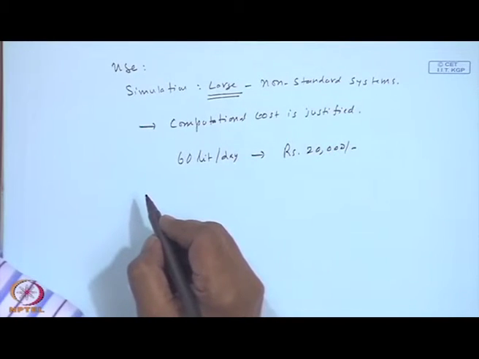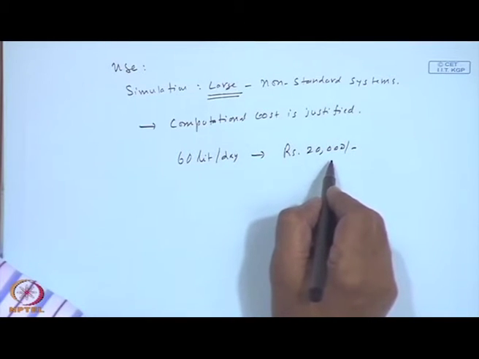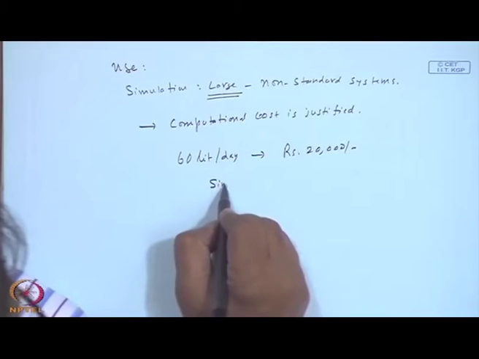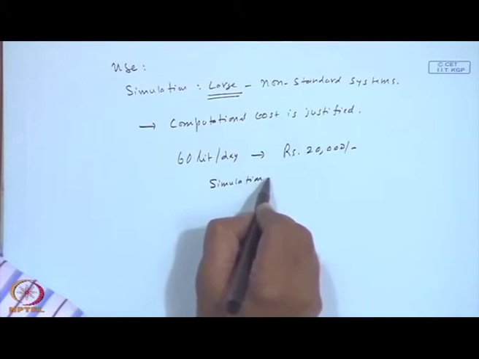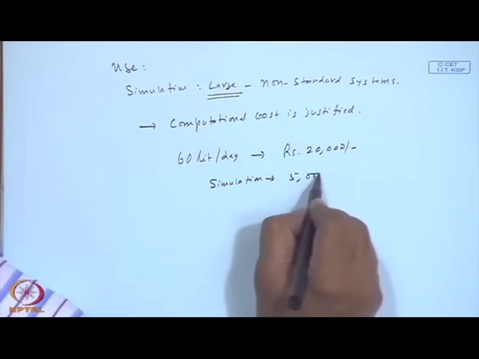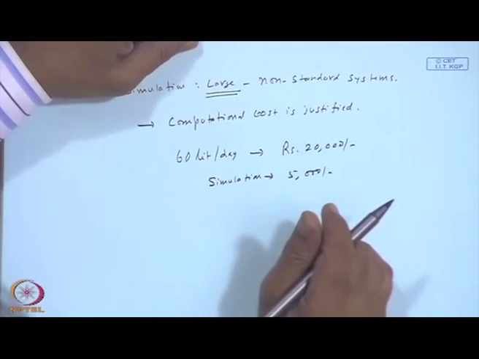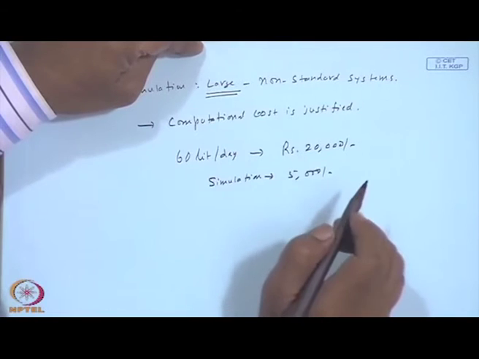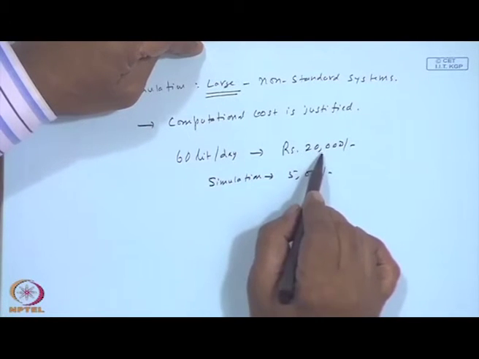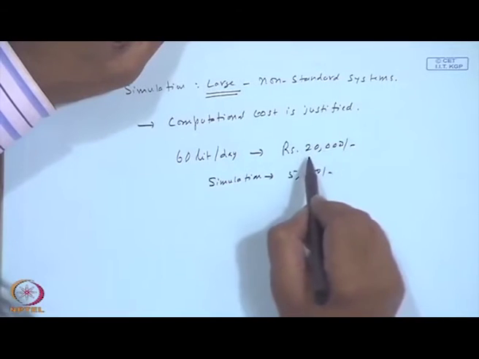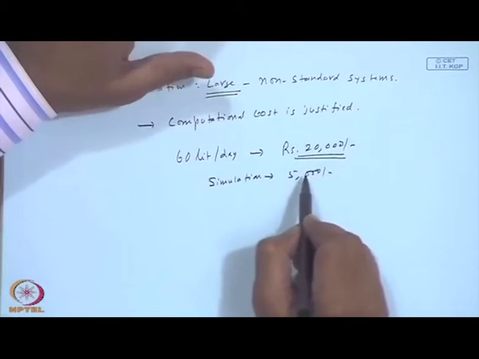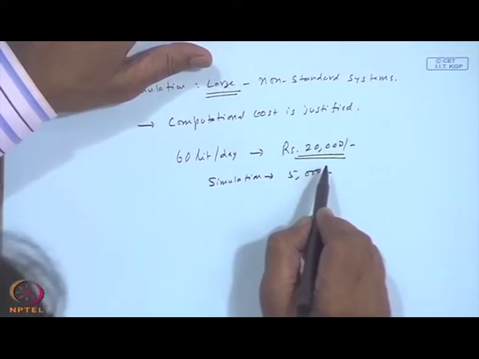Now, if you want to simulate, including the computer time and the money that you pay to the expert or the skilled person, the simulation may be 5,000, let us say a very modest figure, right? And this 5,000 compared to 20,000 is 25%. If 20,000 is economically viable, 25,000 may not be economically viable.